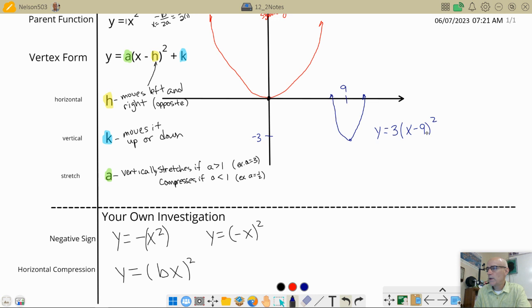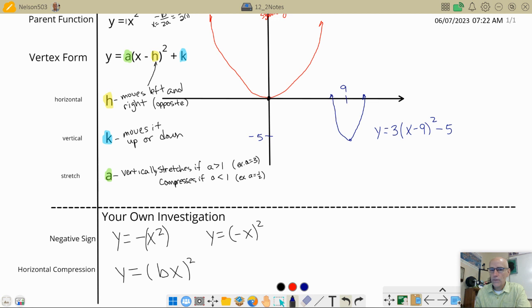Minus 9 is going to move it 9 to the right, and then it was minus 5 to move it down 5. So let me change this 3 over here to a 5, right? So it's down 5, and then it had a vertical stretch of 3. So I hope you added that to your notes. Like as you watch the video, you put your own things down, right?